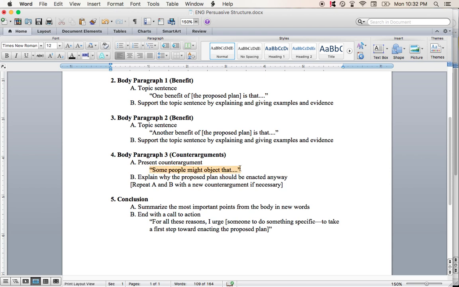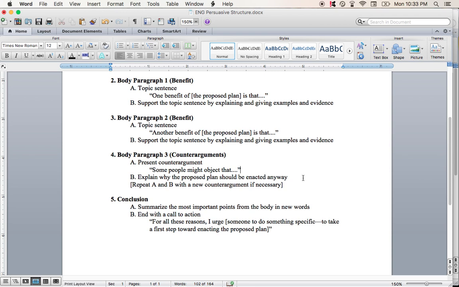So you say some people might object, or some people might argue that, you know, this plan will be too expensive, or we don't need stop signs at the end of the street, or whatever it is. Or JVS doesn't need a new class, or it would be too difficult to have a whole new class, or not enough students would want to take the new class. Whatever you think the reasonable counter-arguments, the reasonable objections to your plan might be, you're going to state them, but you're going to make it clear that this is what somebody else might say.